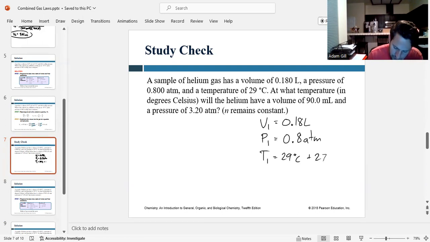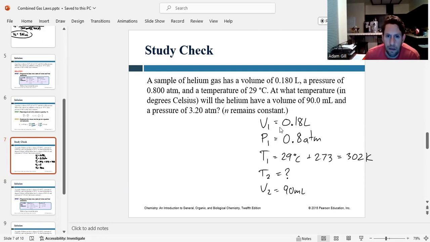We're going to convert that to Kelvin, so plus 273, and that should be 302 Kelvin. They don't give us the new temperature. That's what we're solving for. They give us a final volume of 90 milliliters and a final pressure of 3.2 atmospheres.